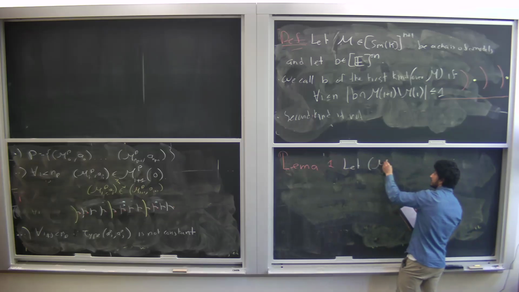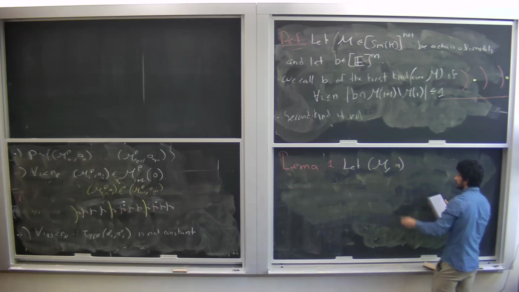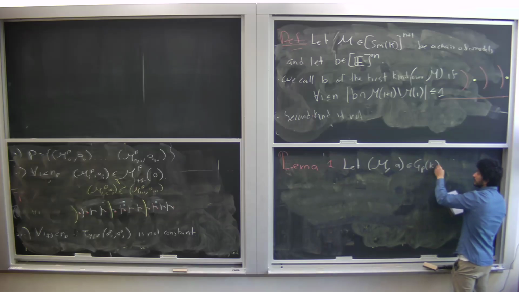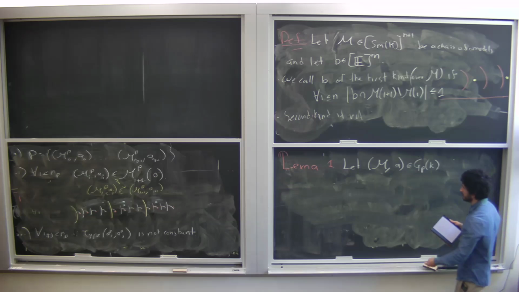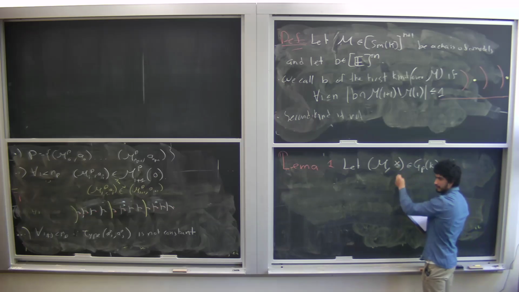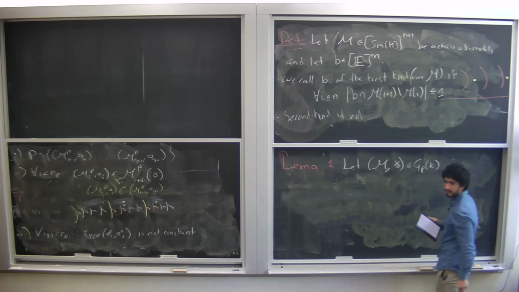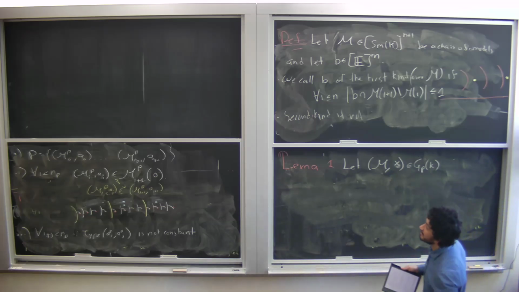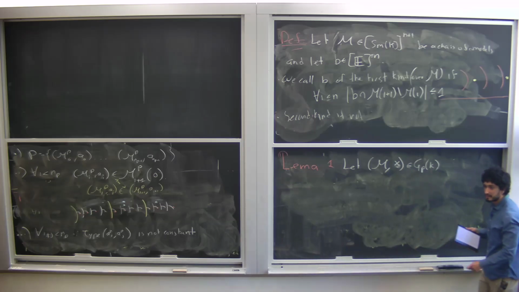Let M, X be a good pair. Just to remember that X is actually an element of X and not of E, let me call it X, right? So X is an n plus 1 tuple of X. It's a good pair, and this is the set of all good pairs.